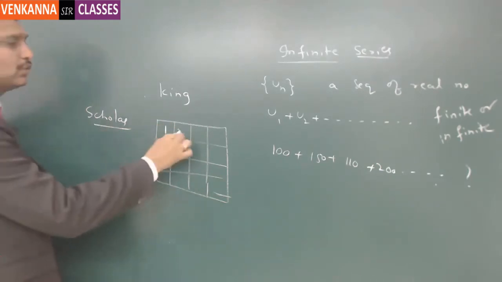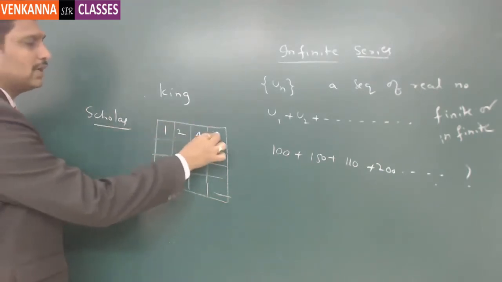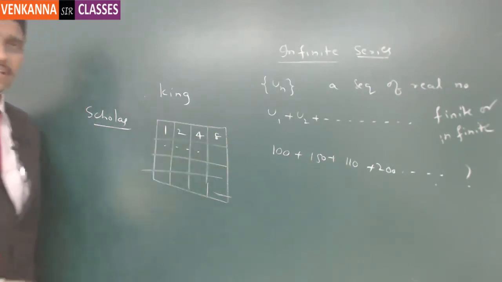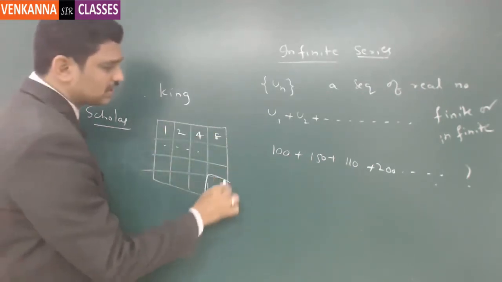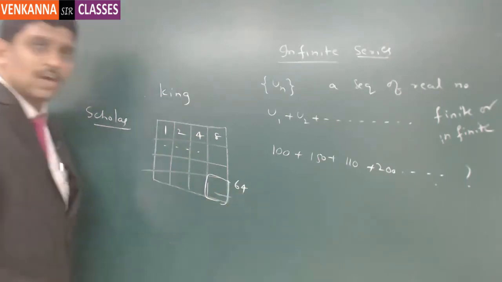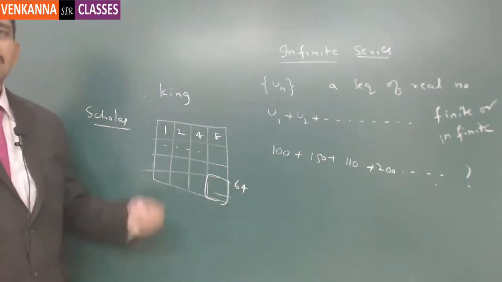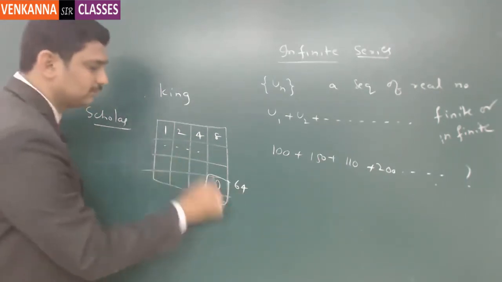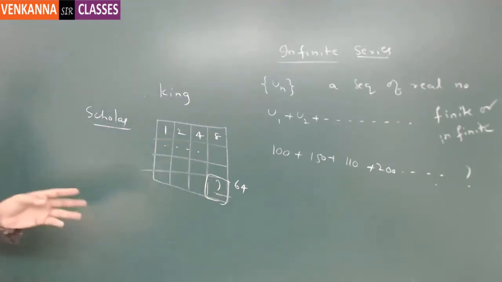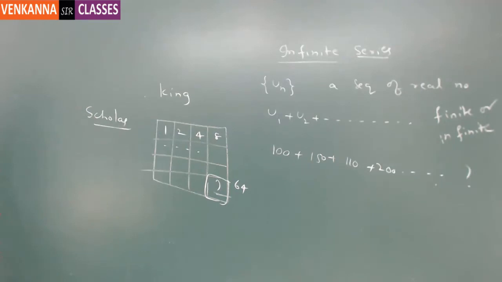In the next box you put 2, then 4, then 8 and so on. Then in the last box, the 64th box, whatever the amount is there, that many rupees you give to me. I think you have known this story. Have you known this story?